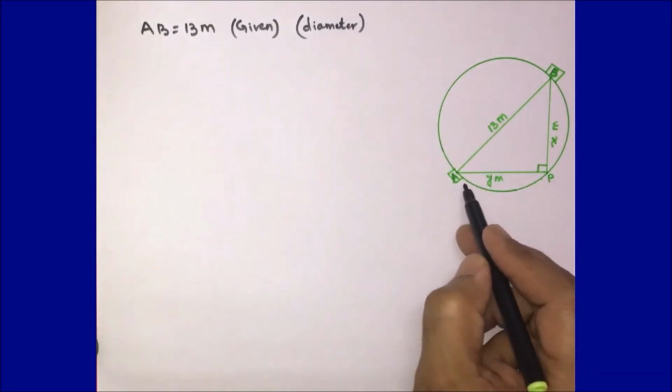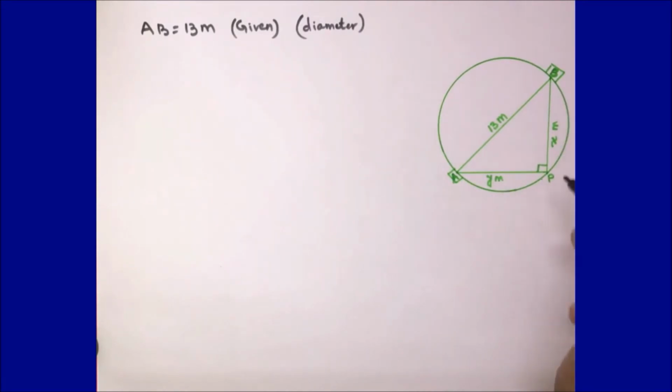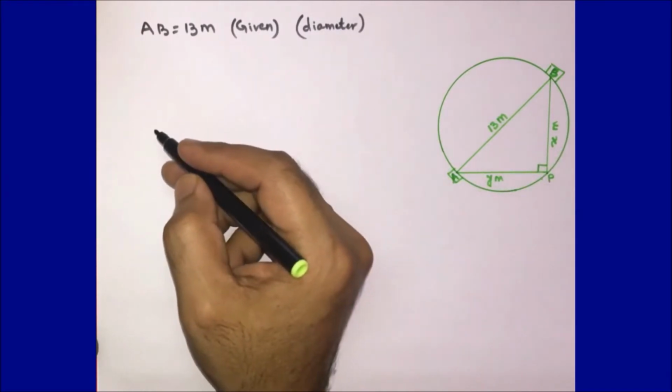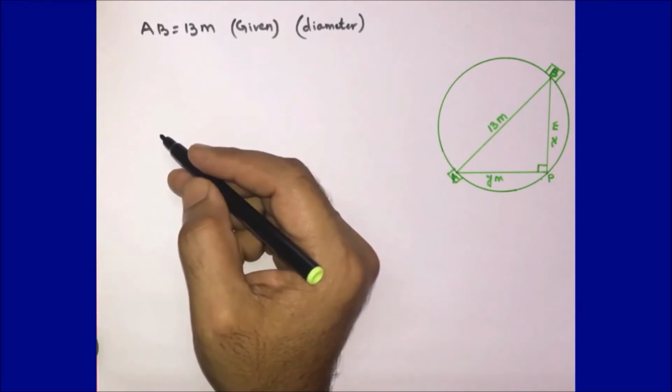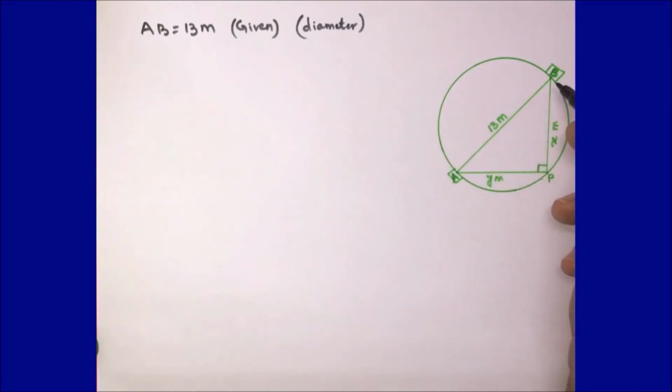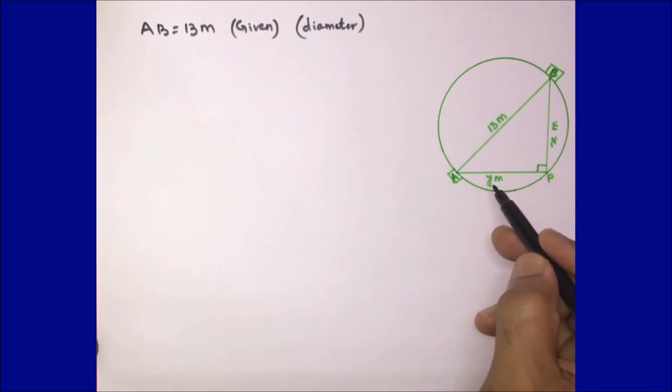Now, we have assumed AP to be y meters and BP to be x meters. As per the question, let the distance of the pole from gate B be x meters, and from gate A to the pole is y meters.